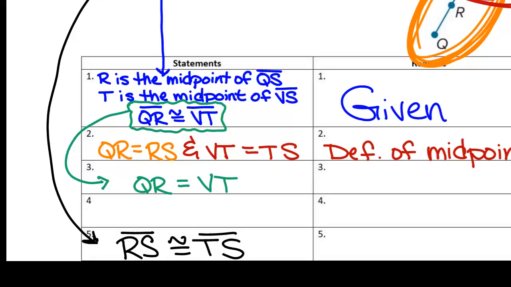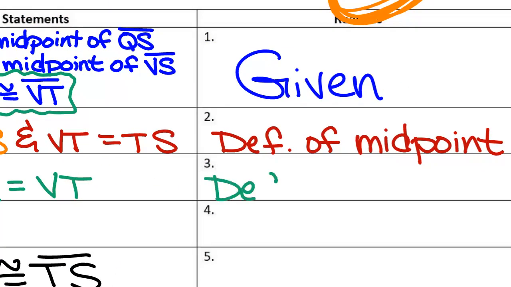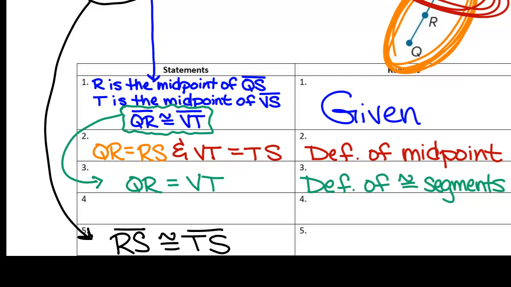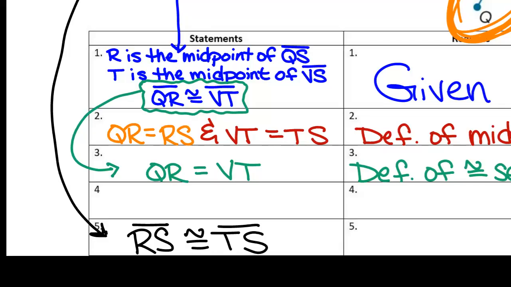Didn't use midpoint this time because on this part, I didn't know about a midpoint. I didn't use substitution. Look, this stayed the same, except it lost the bar over the top. And this symbol, the congruent symbol, changed to an equal sign. Definition of congruent segments.